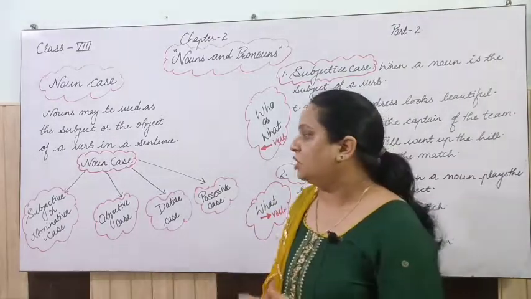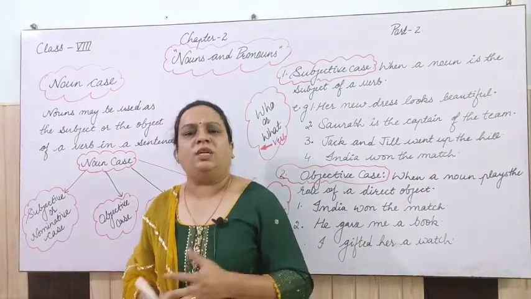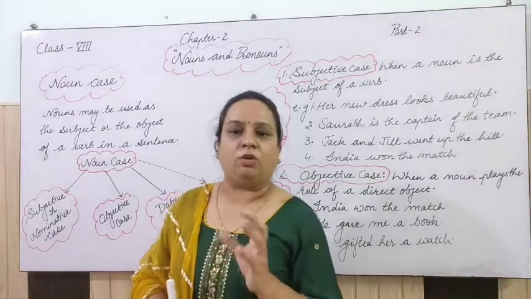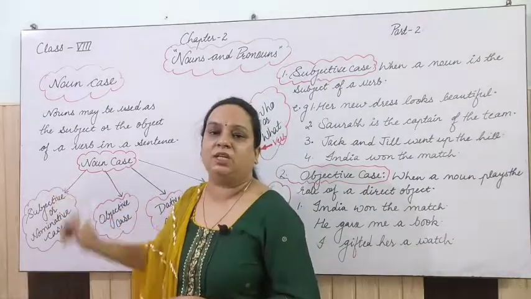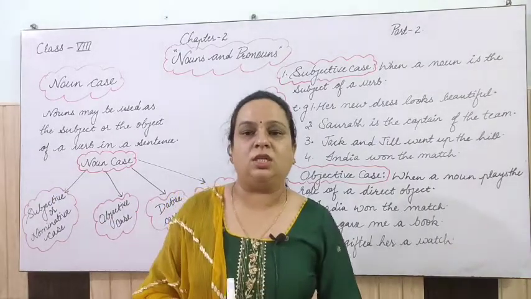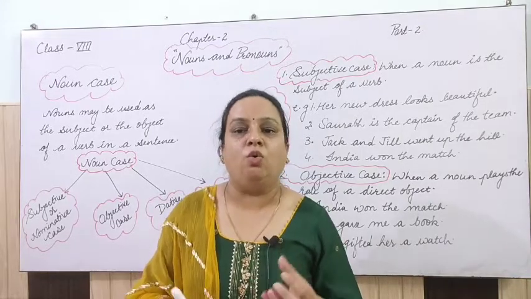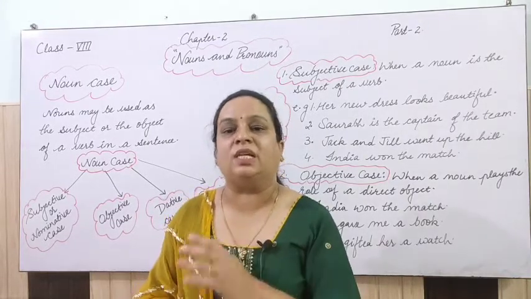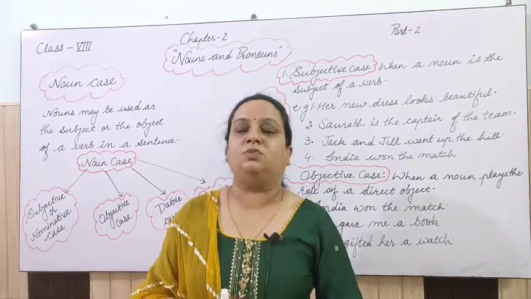When we talk about the first one, subjective or nominative case, this is related to the subject, which means we have to concentrate more on the role of the subject. The subject tells who or what the sentence is about. Suppose I say, her dress is beautiful.